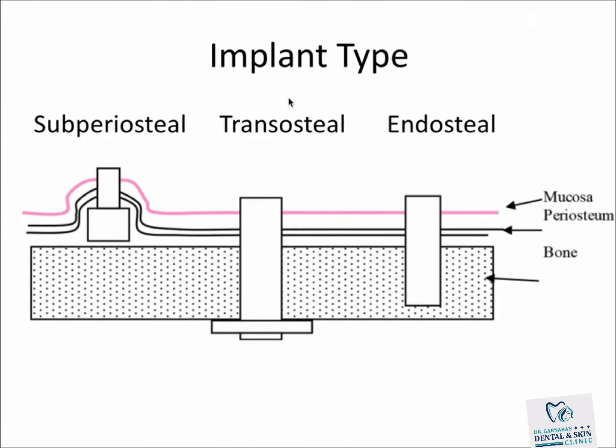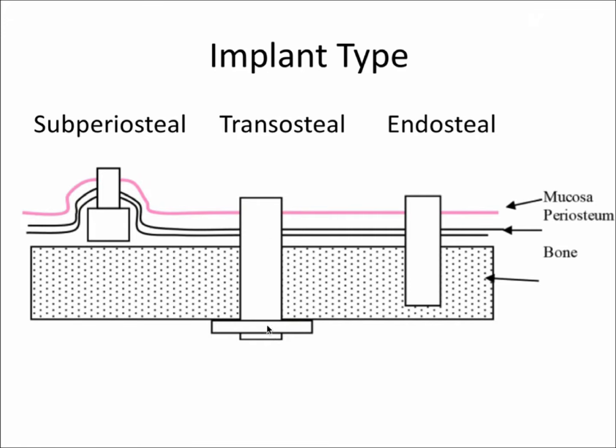Next, we have transosteal or transosseous. Either way you write it, that can refer to trans meaning through and osteal meaning the bone. So these implants are placed through the bone. Now these are exclusive to the mandibular anterior region because it requires an extraoral approach.